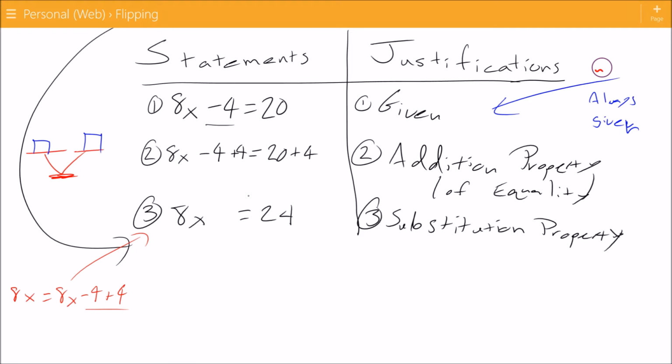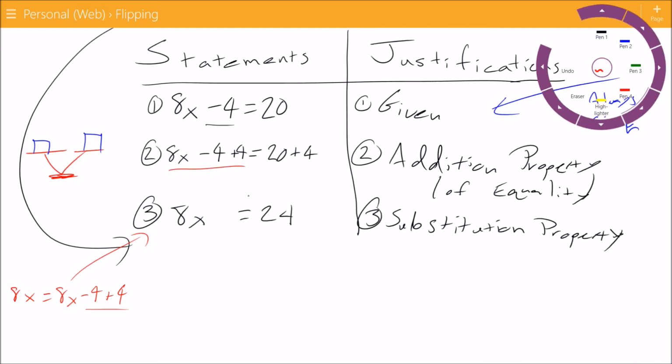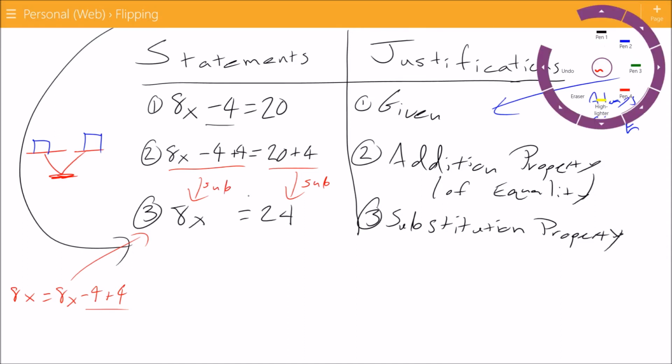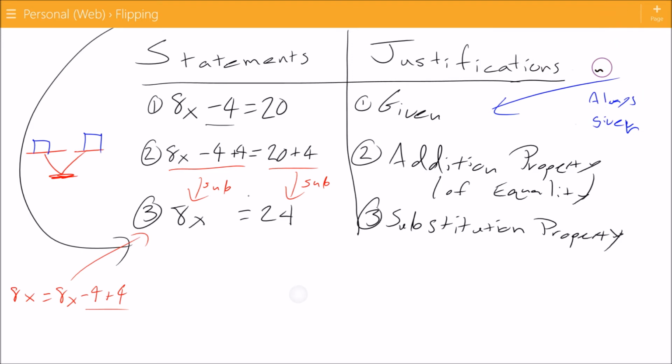So both of them are equal to each other. That's how we're able to swap out this up here with that. Same thing over here. 20 plus 4 is the same thing as 24. So we are substituting in the simplified value in order to get something that's really just easier to work with.